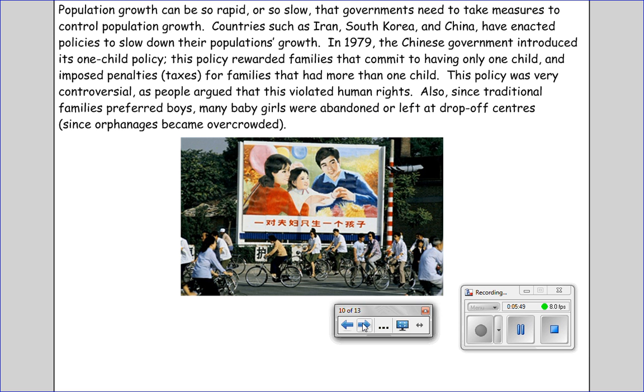This policy rewarded families that committed to having only one child and imposed penalties, taxes, for families that had more than one child. This policy was very controversial, as people argued that this violated human rights. Also, since traditional families preferred boys, many baby girls were abandoned or left at drop-off centers, and orphanages became overcrowded.